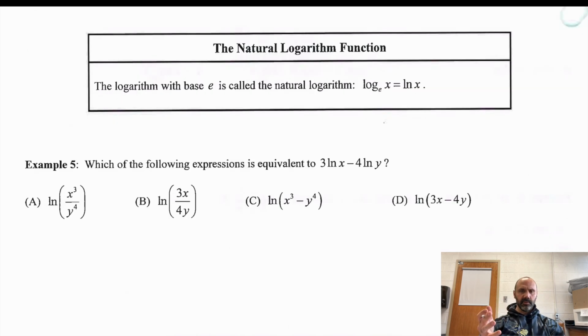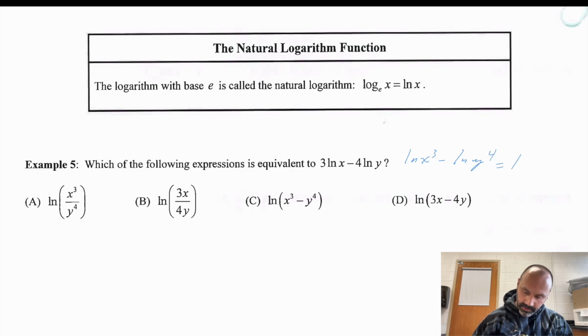And then we've seen this before, but the natural logarithm function, which we call ln, or natural log when you read it, ln of x or natural log of x is just log base e of x. And all the same rules apply. So this example is just to show you that the product, division, and power rules all apply in this case, because I can take this and this becomes natural log of x to the third minus natural log of y to the fourth.